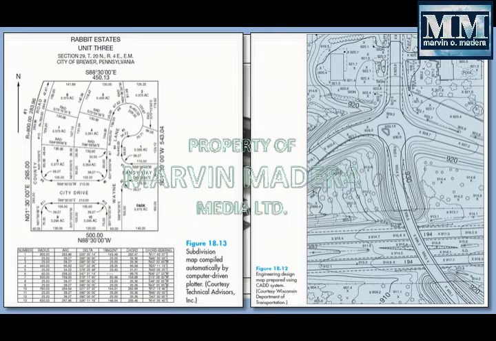And on the other side, we have an engineering design map prepared by a CAD system. So these are maps produced or prepared with the aid of computers.